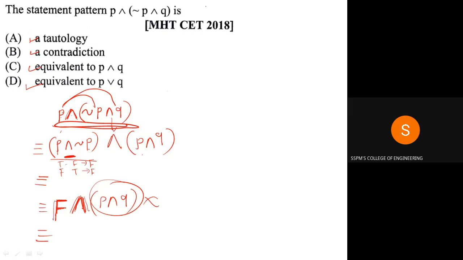One of them is false here, so everything will be false. When everything is false, what do we call it? We call it a contradiction. What is tautology? If all the results are true, then it is called a tautology.